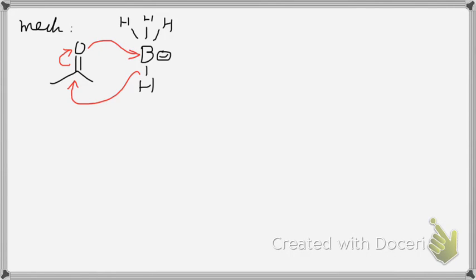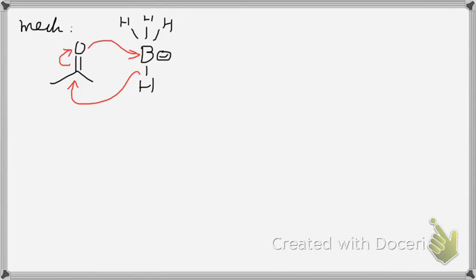Sodium borohydride, the hydride reducing agent, has hydrides available, H with the negative charge, so that could serve as the nucleophile, even though you will not see H minus as a free ion, but you can think of it that way. Hydride is the reducing agent, or is the nucleophile.